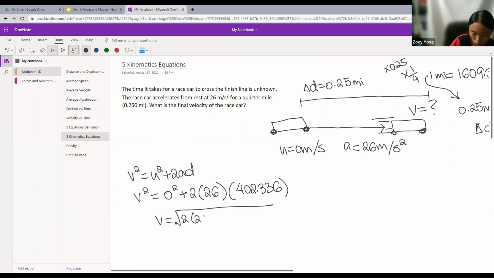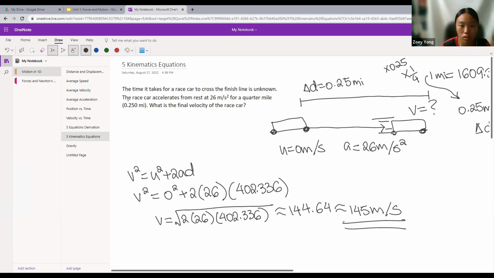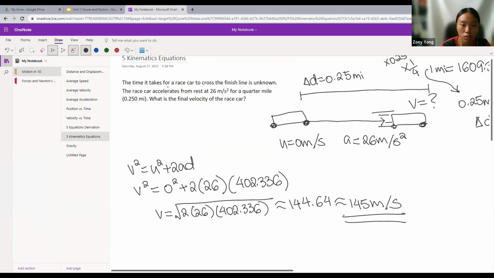So that's 2 times 26 times 402.336, and you want to take the square root of that entire thing. We're going to get 144.64, which is rounded to 145 meters per second. That's the final velocity of the race car.